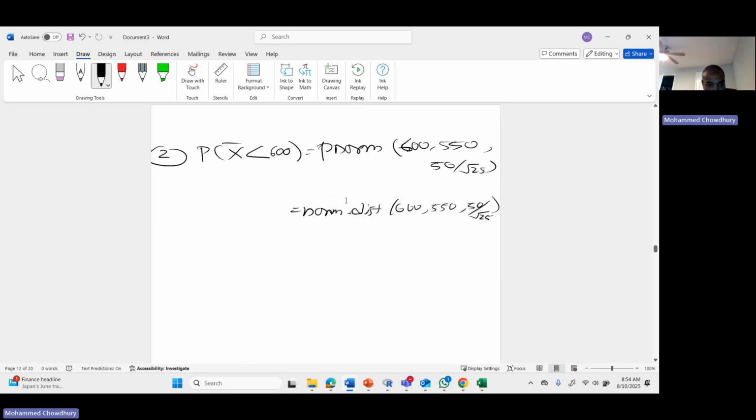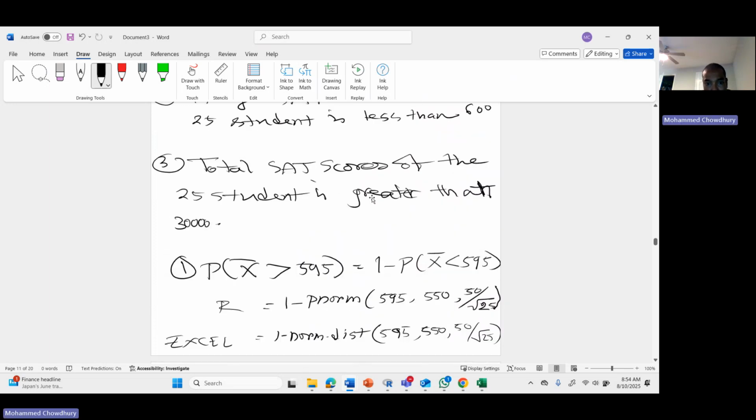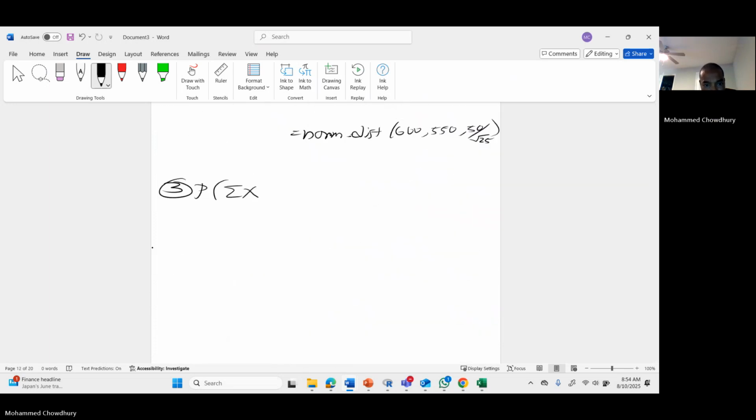And then finally, problem number three: the probability of the sum of xi greater than 30,000. Greater than 30,000 means the probability of the sum of xi divided by 25 greater than 30,000 divided by 25.